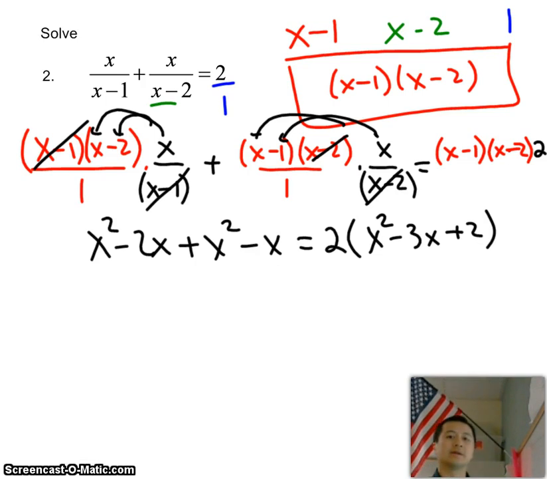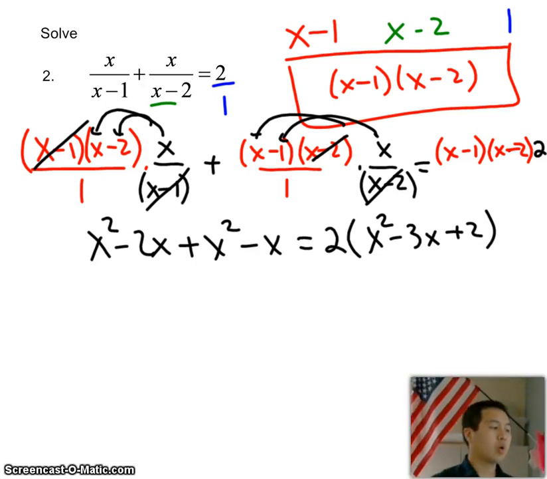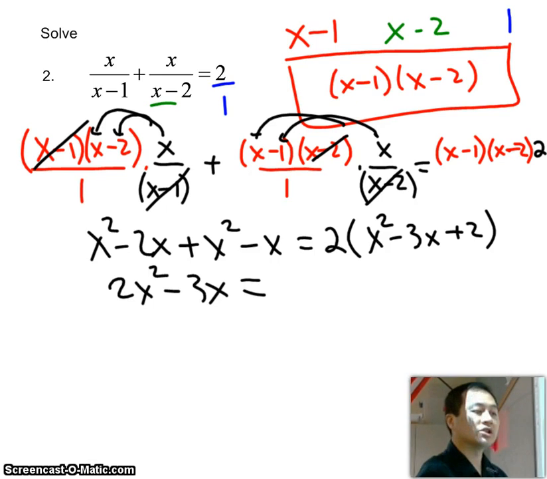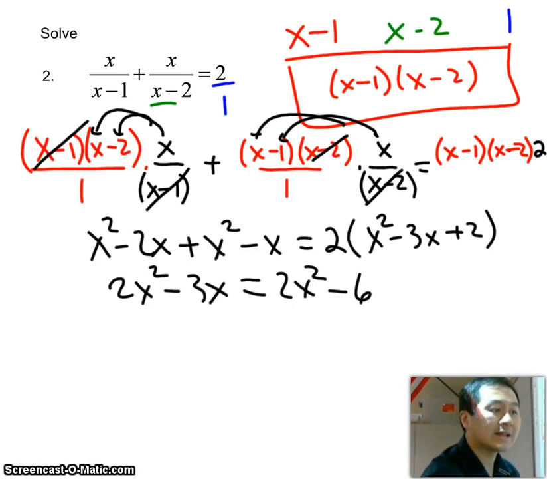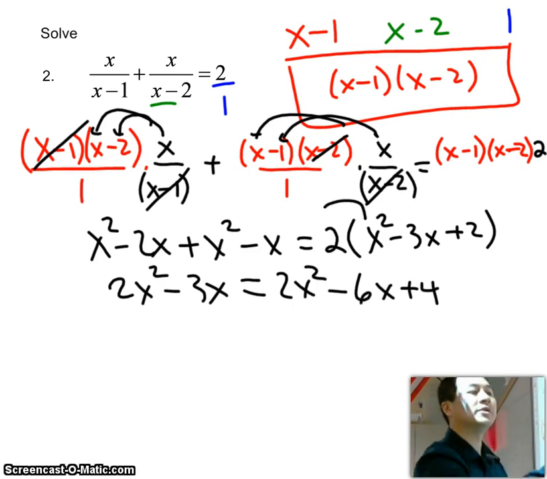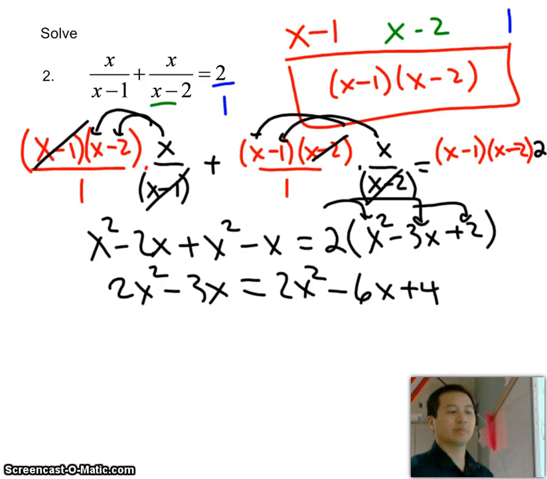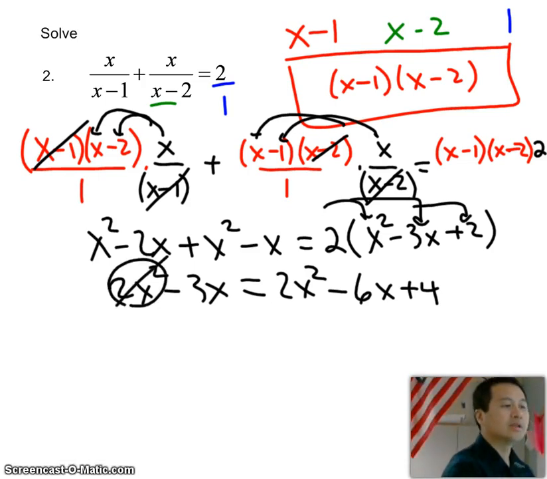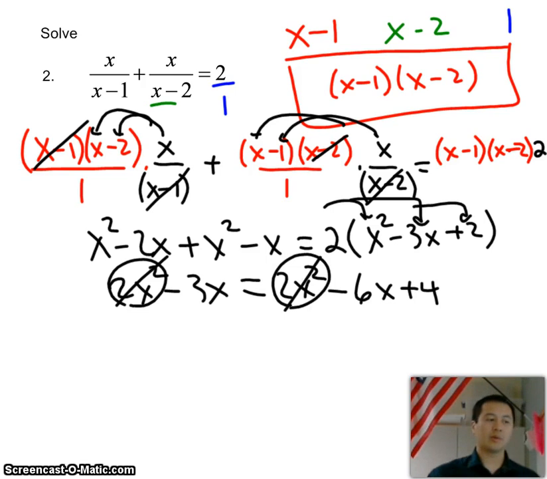Double check if I'm right. Combine on the left side. This becomes a 2x squared minus 3x. On the right side, it looks like 2x squared minus 6x plus 4. Distributing in the 2. Subtract 2x squared from both sides. Goes away.